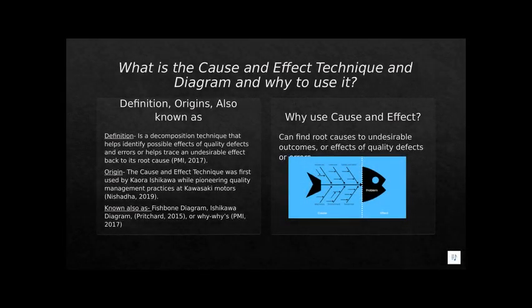What is the cause and effect technique and diagram, and why do we use the cause and effect technique? Firstly, the definition from the PMBOK says that the cause and effect technique is a decomposition technique that helps identify possible effects of quality defects and errors, or helps trace an undesirable effect back to its root cause.